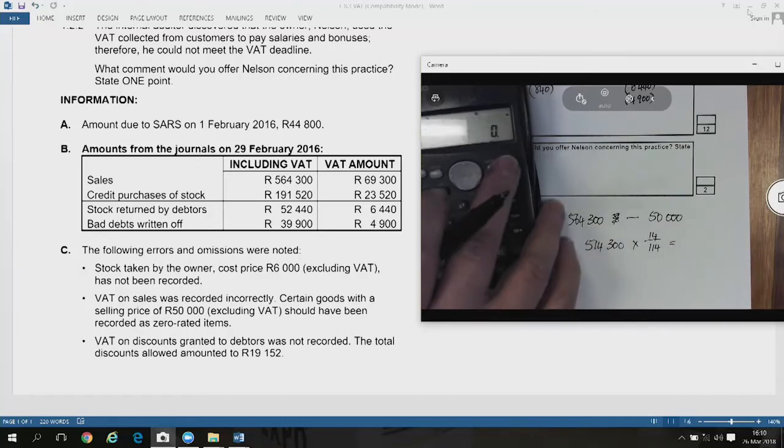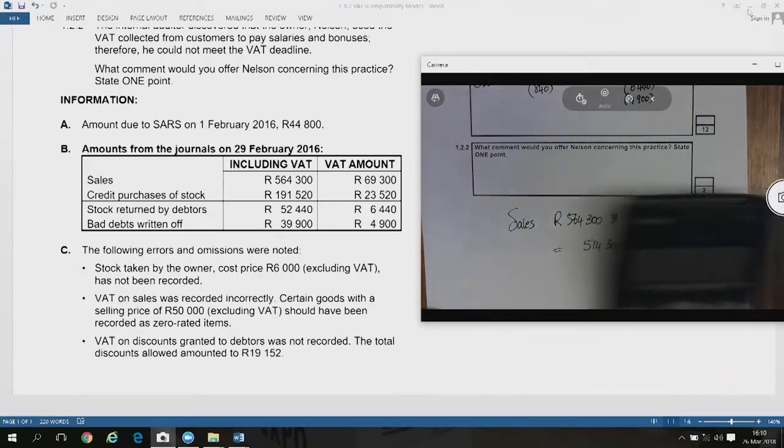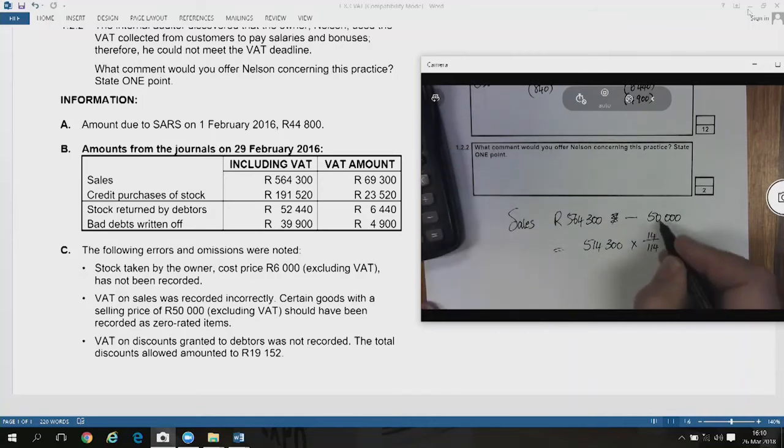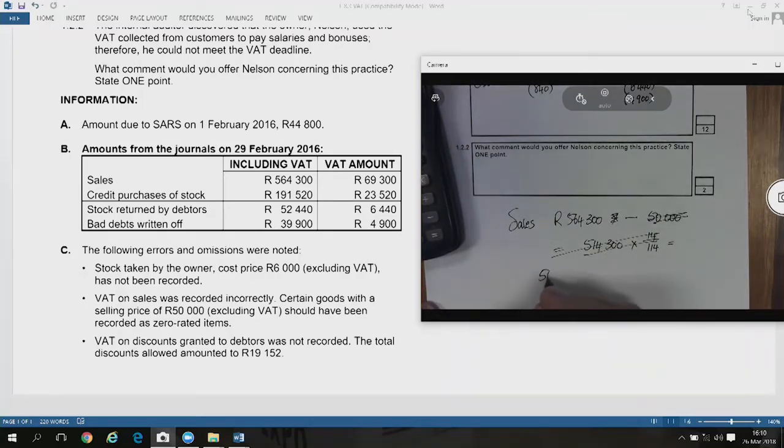Oh, no. That will not work out. 50,000 Rand of that was exclusive of VAT. First we say 564,300 times 100.